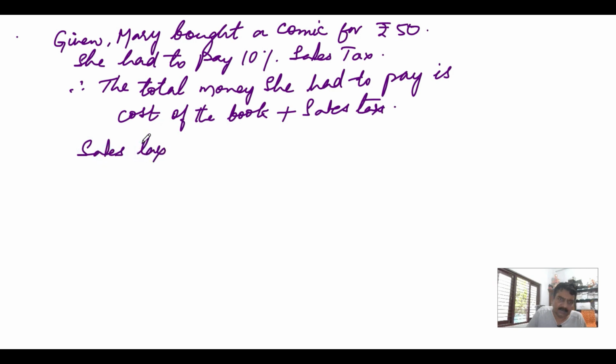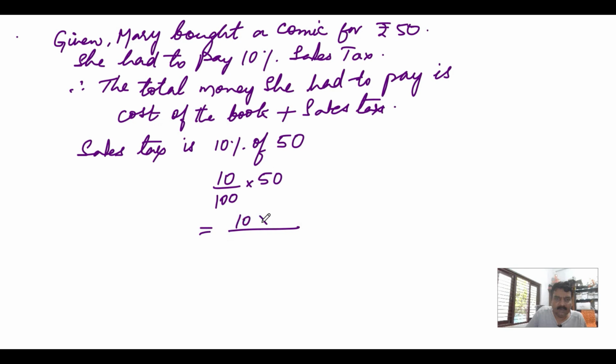Sales tax is 10% of the cost of the book. How much? 50, right? So 10% means 10 by 100 into 50. It means 10 into 50 by 100, right? 50 ones are 50, 5 2s are 100, 2 ones are 2, 2 5s are 10. So here rupees 5. So she has to pay along with the book cost 5 rupees extra.